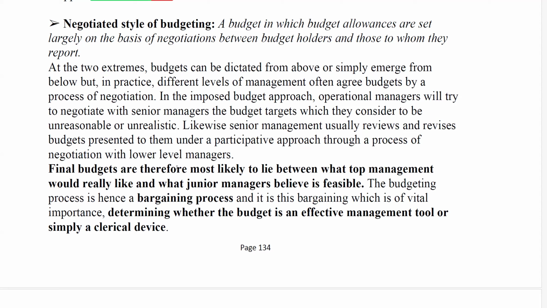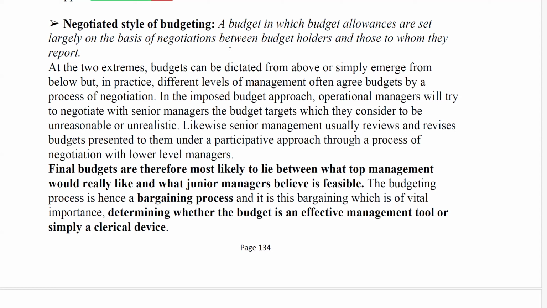So the final budgets are most likely to lie between what top management would really like and what junior managers believe is feasible. The budgeting process is hence a bargaining process, and it is this bargaining which is of vital importance, determining whether the budget is an effective management tool or simply a clerical device.